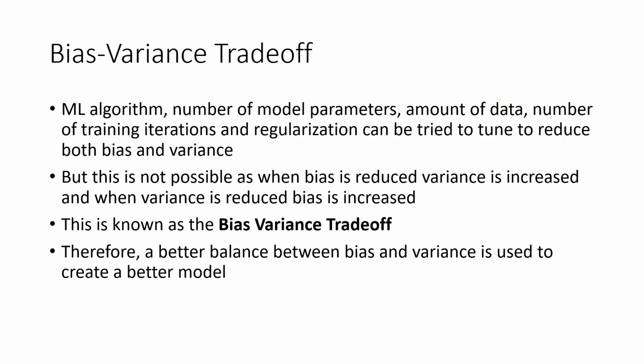If you don't know about this trade-off, you might try to tune all these things, like parameters, data, training iterations and regularization, to reduce both bias and variance. But because there's a trade-off, once you reduce the bias, the variance is increased, and when the variance is reduced, the bias is increased. That is the problem. This is known as the bias-variance trade-off.